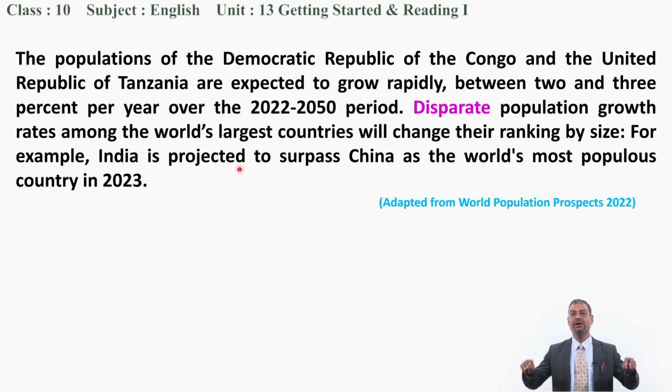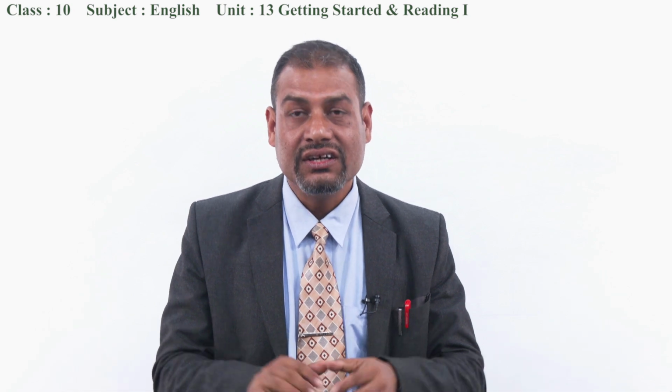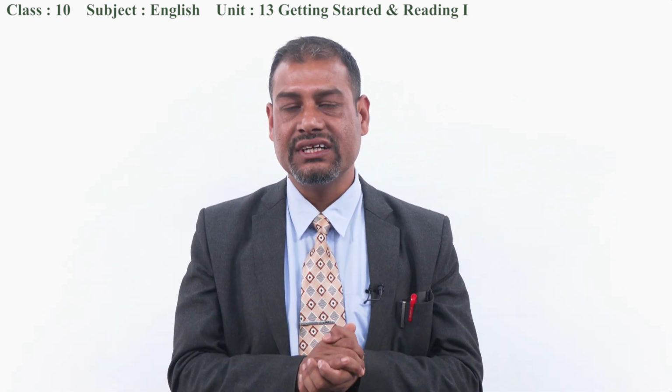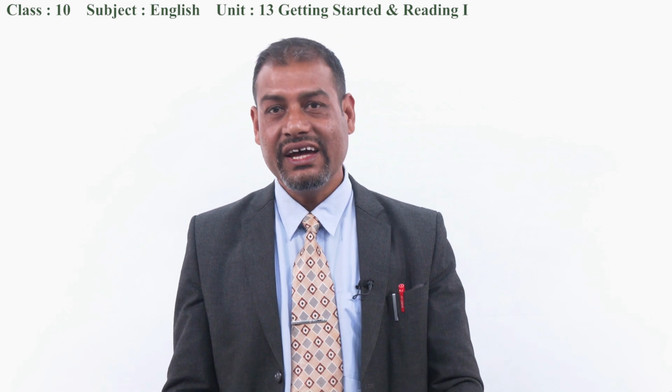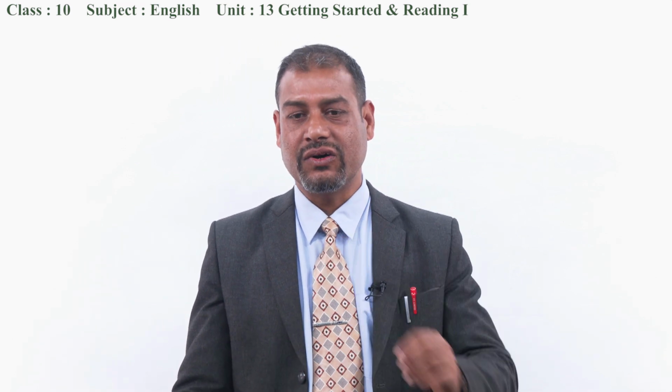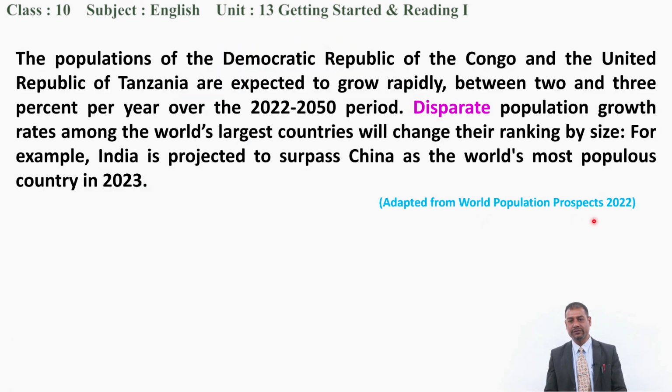So this is how the distribution of population is going up and down in this world. So I hope you have got a clear comparative study of population according to this text. And this text is adopted from World Population Prospects 2022.